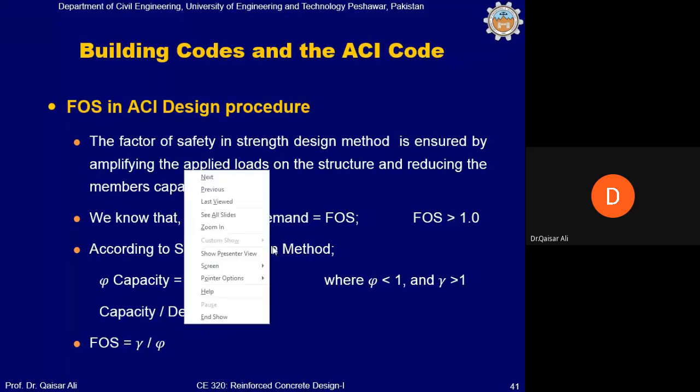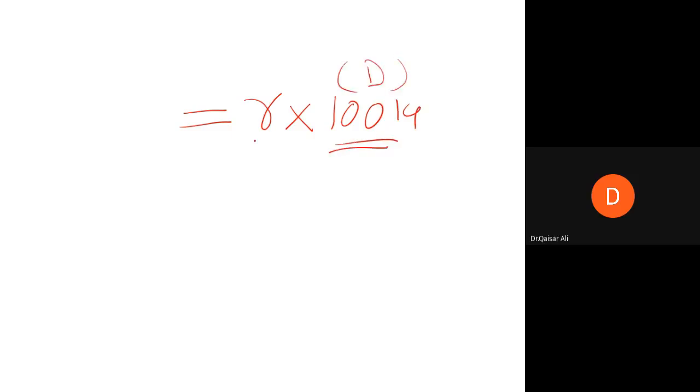As I said earlier, I will now demonstrate this through a slide. Let's say your trainer tells you, again in the weightlifting competition, not the actual design, that I will multiply 100 kg, which is demand, which we can also write as D, by gamma. This gamma is a factor greater than 1.